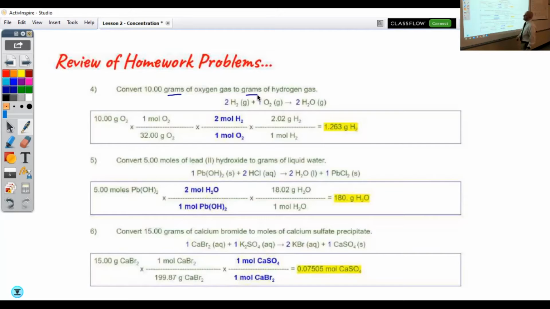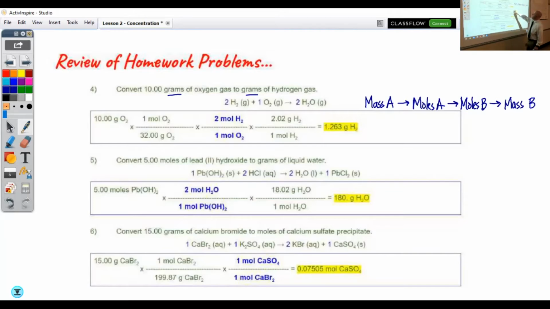In example number 5, we're going from moles to grams. So this is only a 2-step problem. If you remember, according to our map, we have mass of A, moles of A, moles of B, and mass of B. In problem number 4, we went all the way from mass of A to mass of B, which is why it was a 3-step problem.